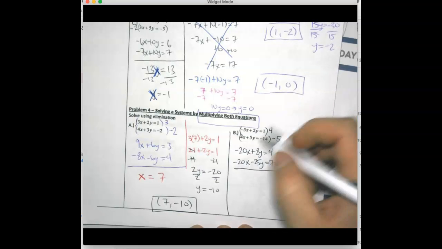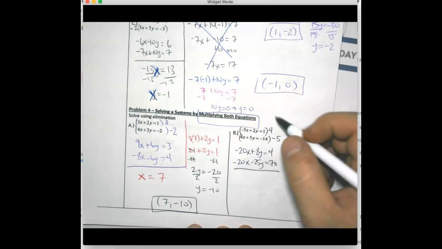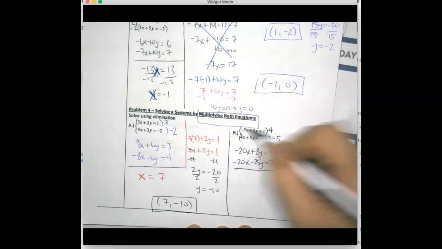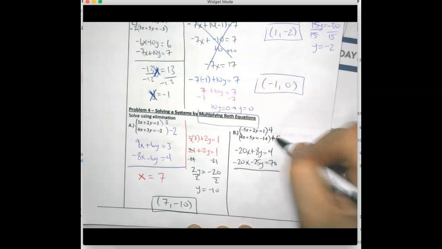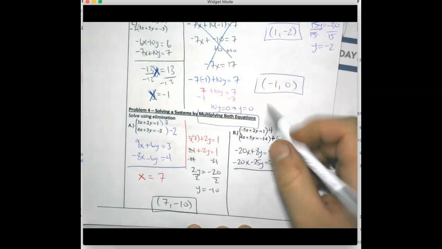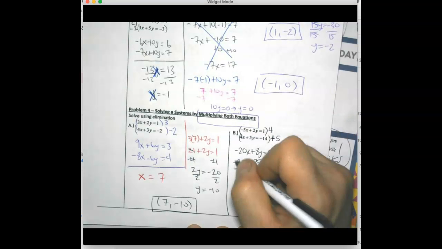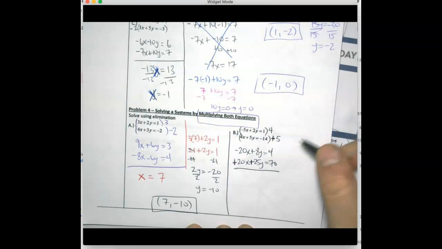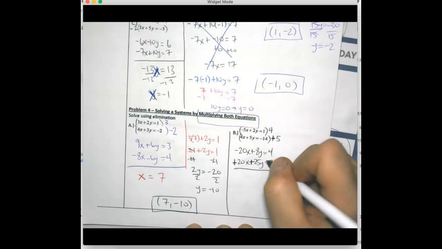So now that I've done this, let's see here. Oh, I messed up, you guys. 4 times negative 5. This should have been a positive 5 because I need a negative 20 and a positive 20. So 5 times 4 would be a plus 20x. 5 times 5 would be a plus 25y. And 5 times negative 14 would be a negative 70.